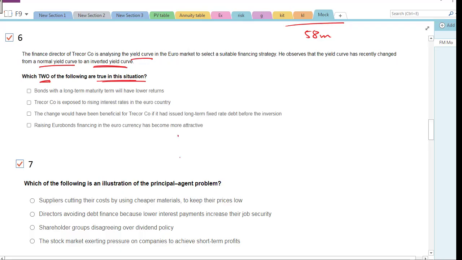Let's say the normal yield curve is upward sloping, okay? This is the time to maturity.